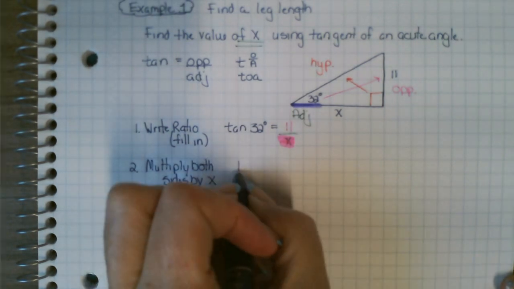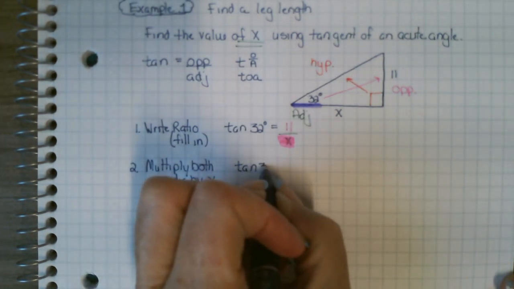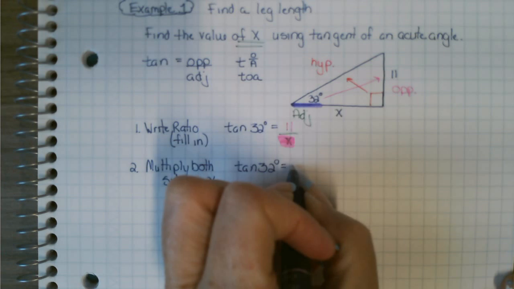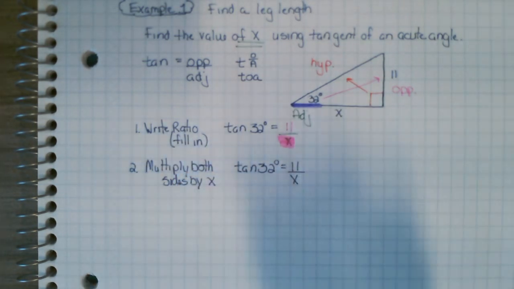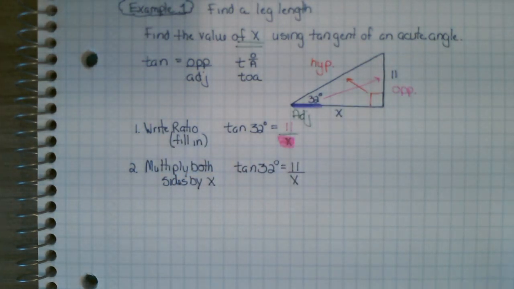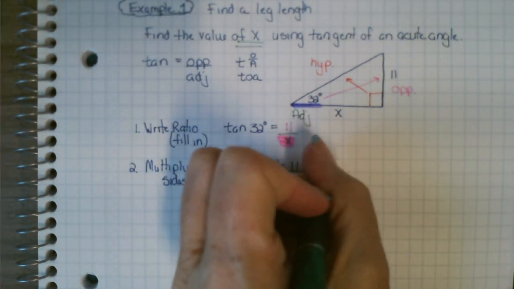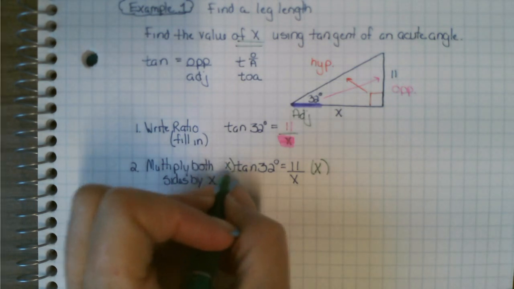So I'm just going to rewrite this just so you can see this step. So we're going to take that X and multiply it. That means I'm going to put an X here and an X here.